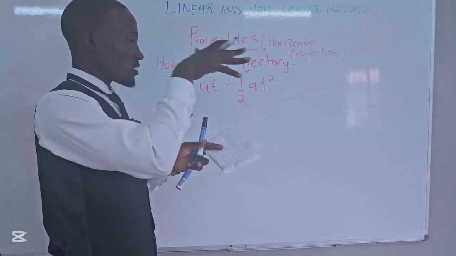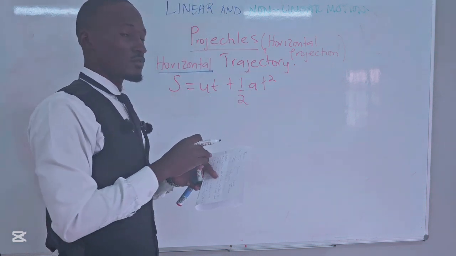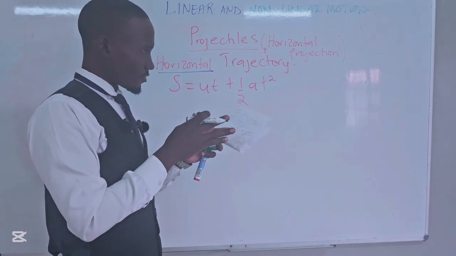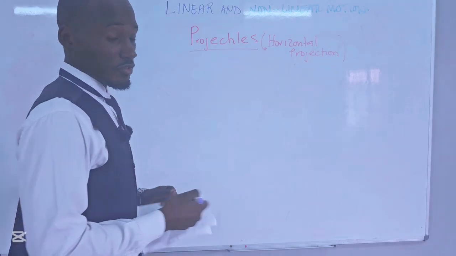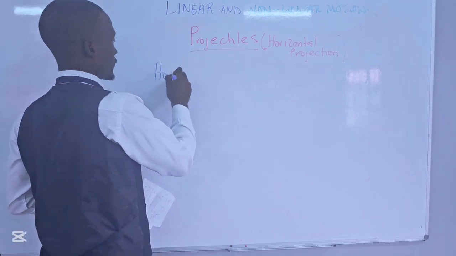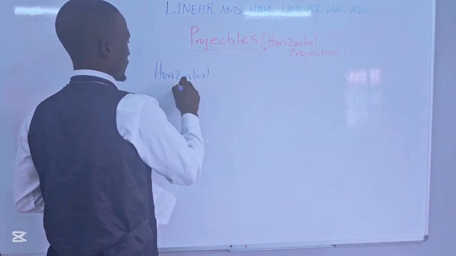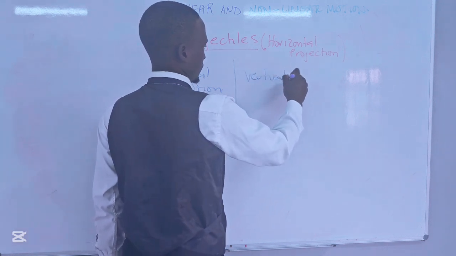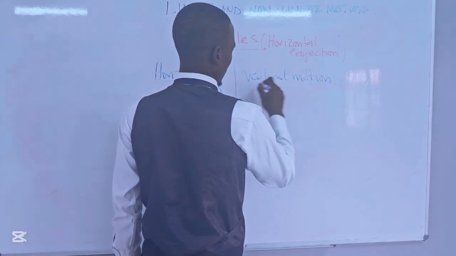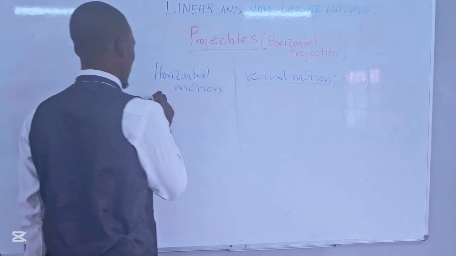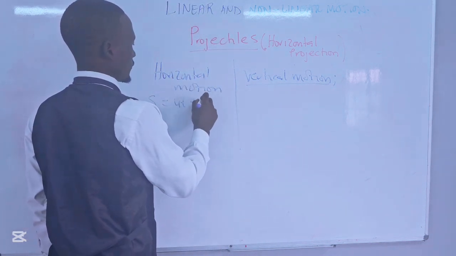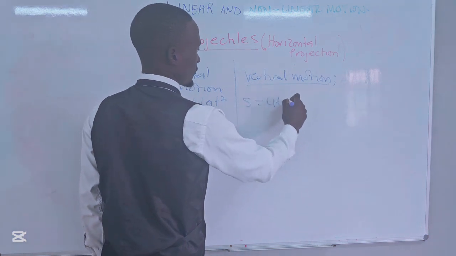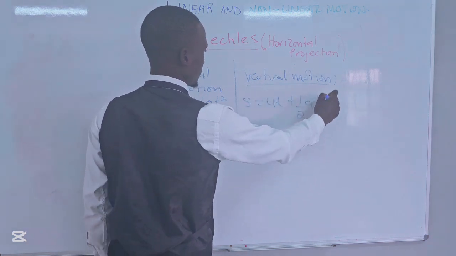And since it has been projected horizontally, we are going to have a horizontal motion and a vertical motion. In each case, our equations apply because this is a motion in a straight line.